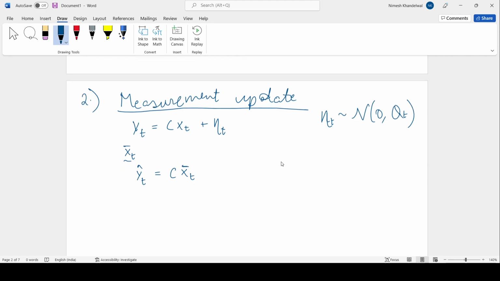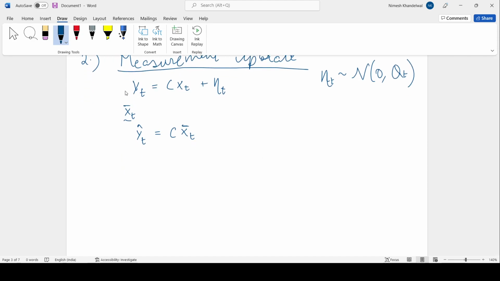Now if I want to include my measurement, this y hat of t is not my measurement. This is just the estimate of the measurement.